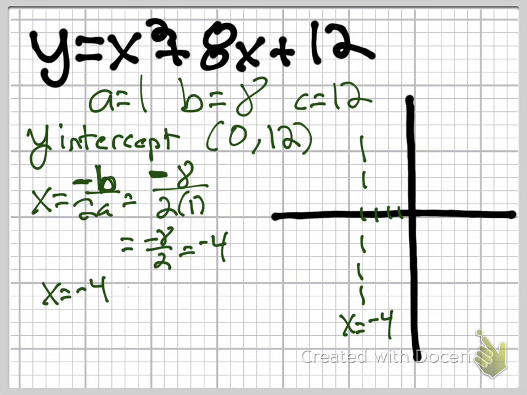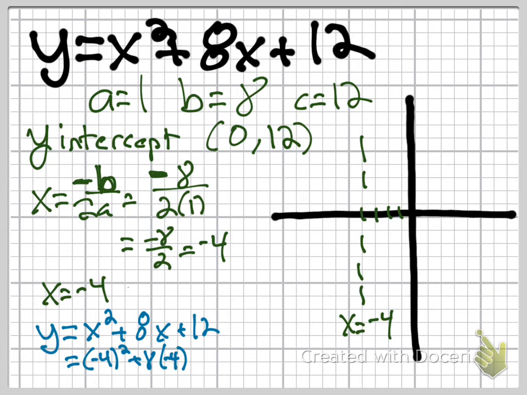Once you get your axis of symmetry, you could take your equation and remember to put parentheses whenever you're doing substitution. And you get your vertex point. You got to put those together.